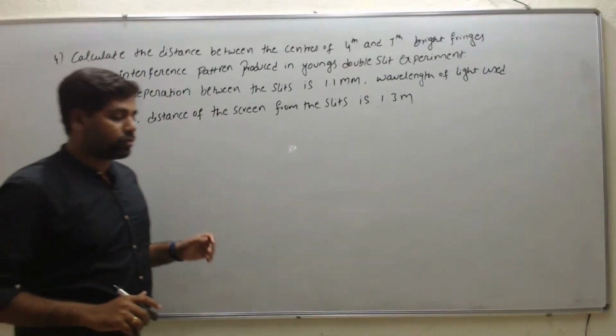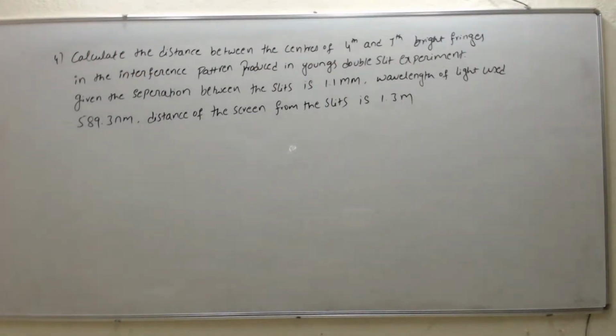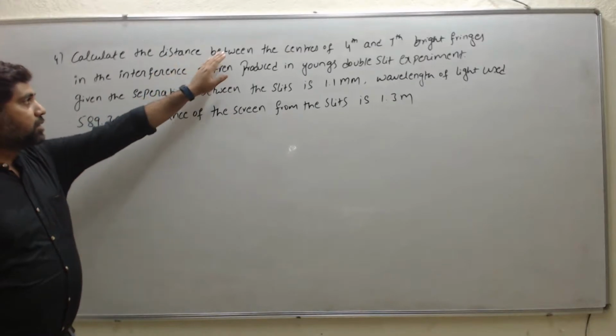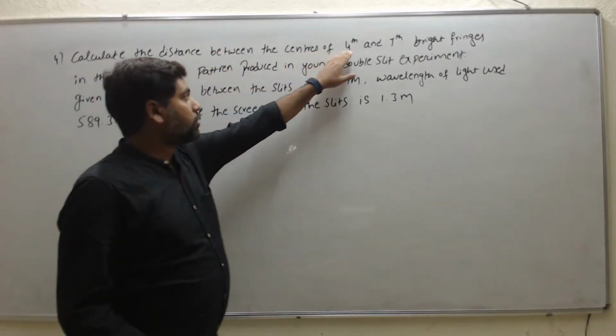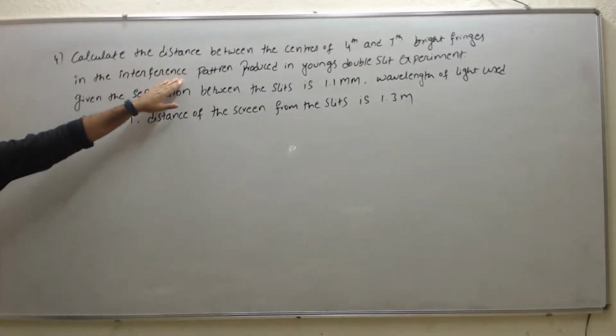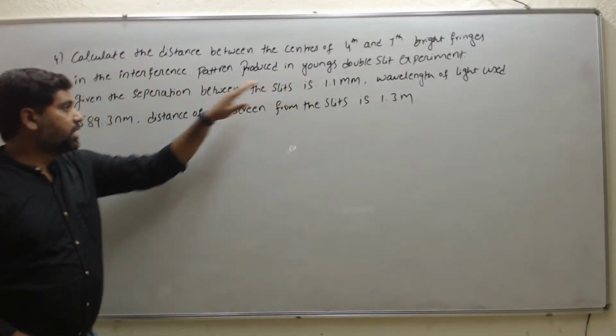So here the question is given. We have to calculate the distance between the centers of the fourth and seventh bright fringe in the interference pattern produced in Young's double slit experiment.